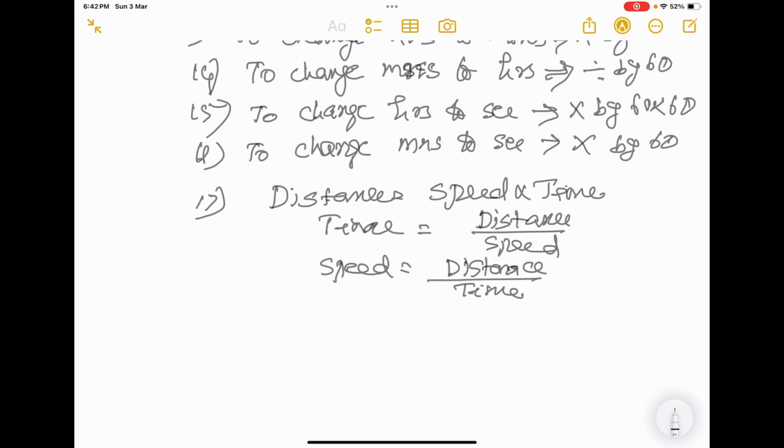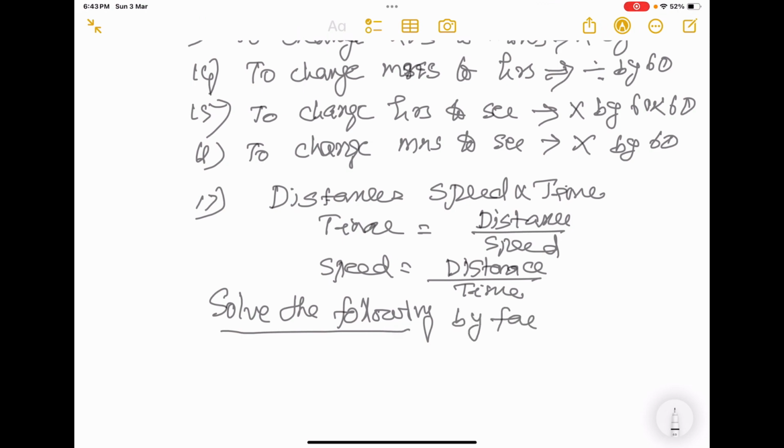In part 2, case 1, case 2, case 3, case 4 are given, that is, if sum is positive, product is positive, those cases. Please solve the following by factorization.